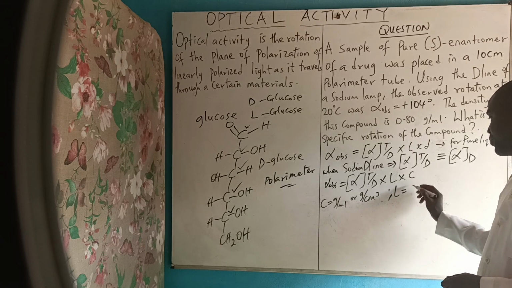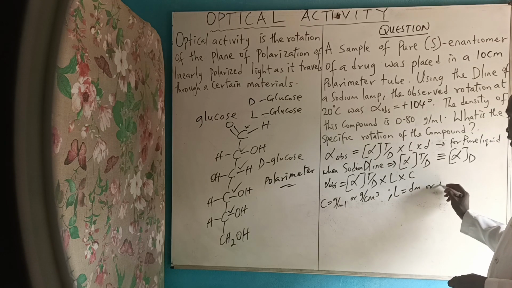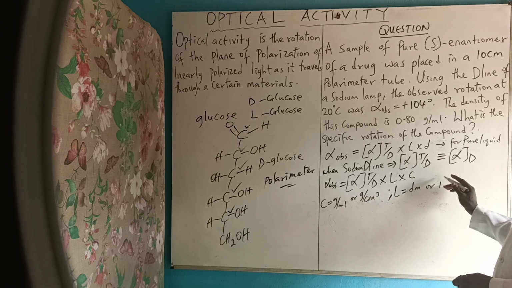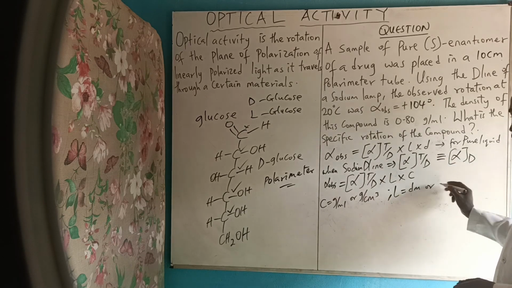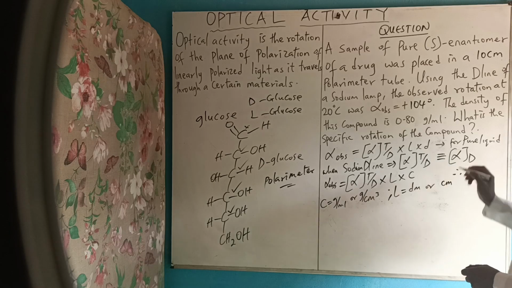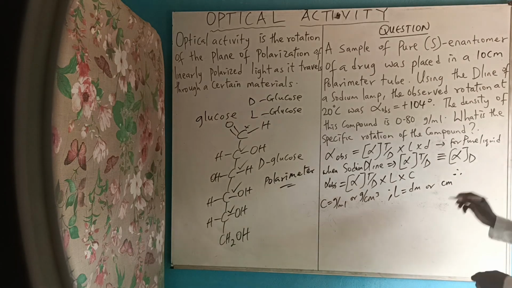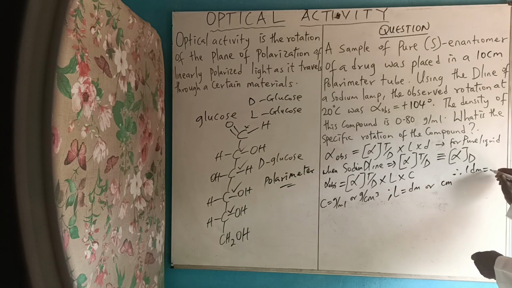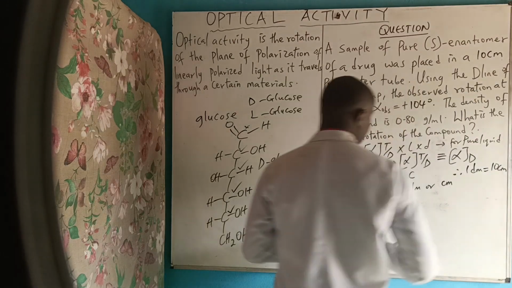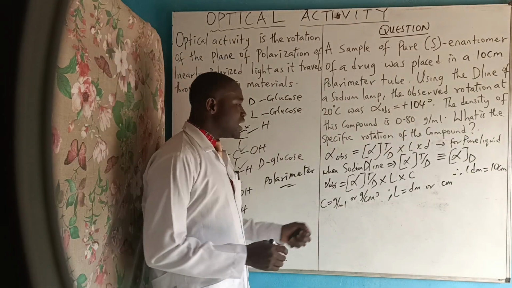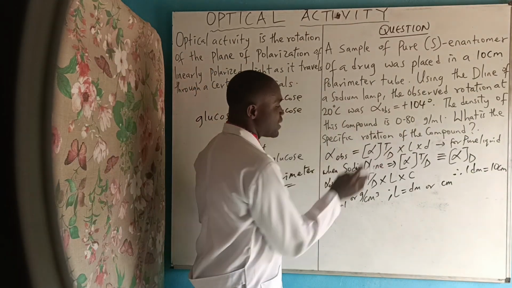The length can be in dm or cm, but note that the best unit used to measure this length is dm. That means 1 dm is equal to 10 cm.